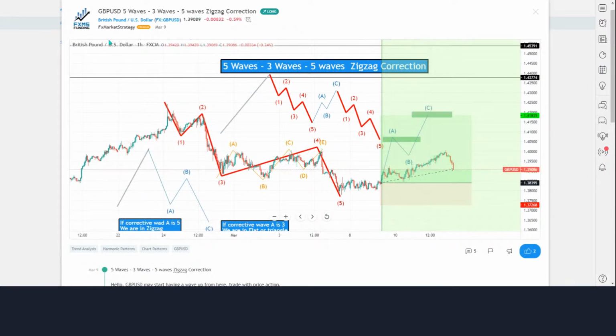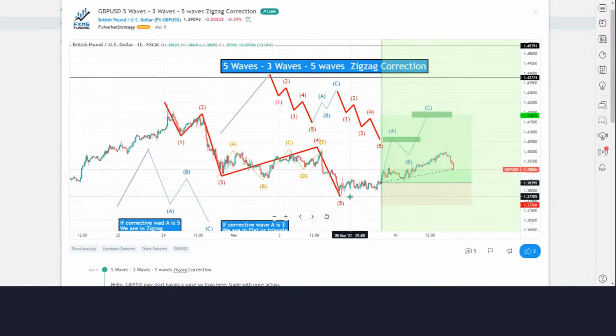And now another screen shared with you about dollar, the 5 wave and the 3 waves 5 wave zigzag correction. We have a zigzag corrective wave, which is a 5-3-5, the 1-2-3-4 until 5, and then we have an ABC wave, and then we have a continued wave, a corrective wave, from 1 till 5. This is what happened already.